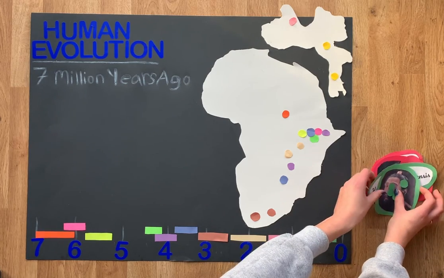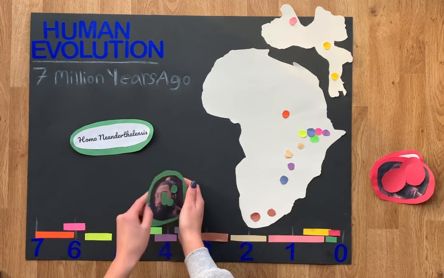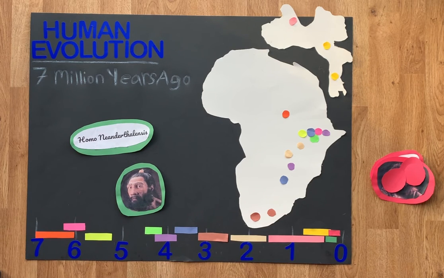Now, around the same time period, the Homo neanderthalensis were also discovered. However, they shortly went extinct after a climate change and disease.